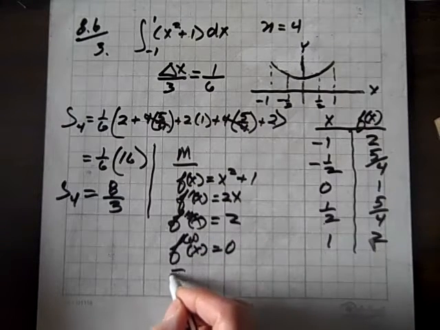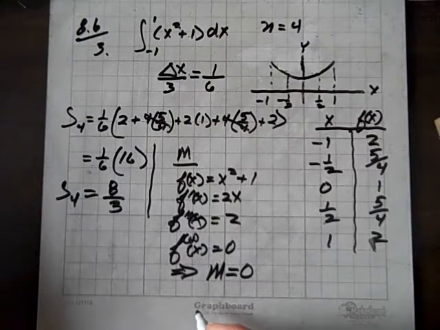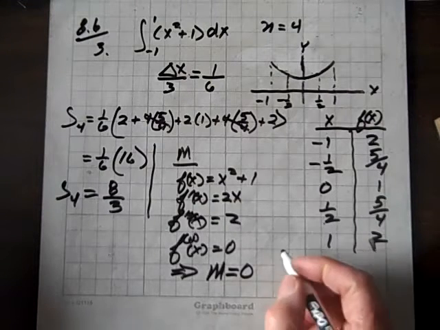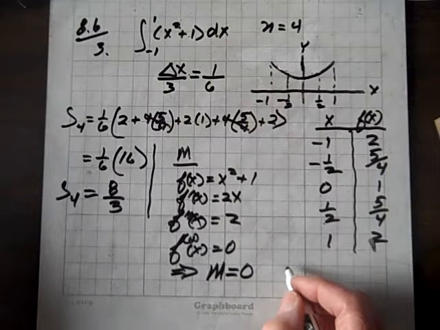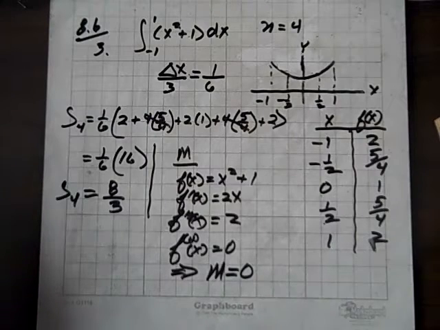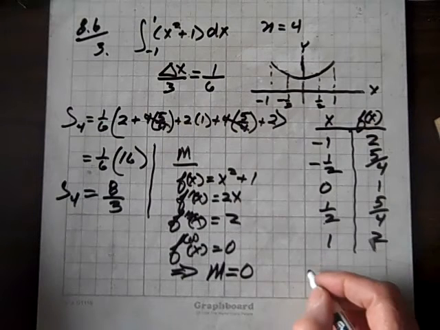This implies then that m equals 0. So the error is 0. So consequently, the percentage of accuracy for the integral's true value is 100%.